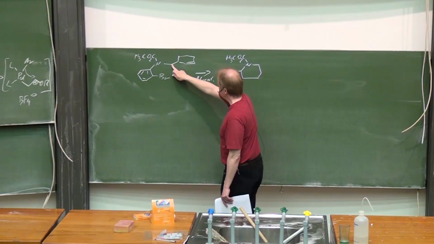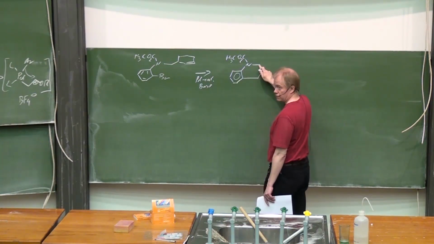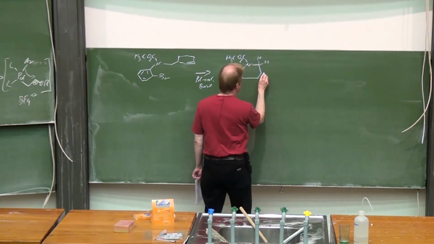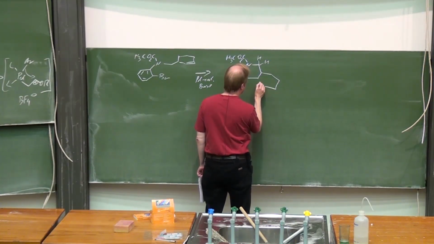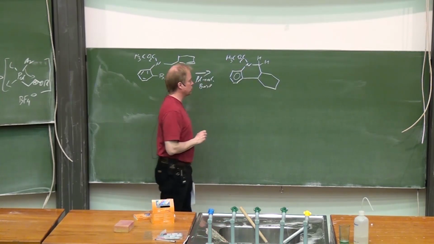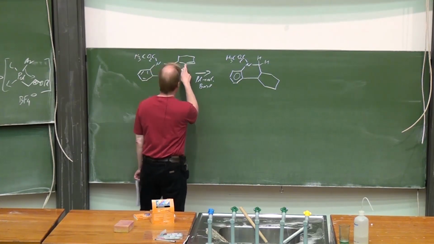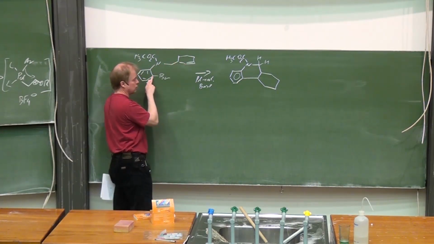We have a CH2 group here, means there is a CH2 group. Let's mark that. And therefore, we have the next 6-membered ring here. So, this position has been connected to that aryl position.